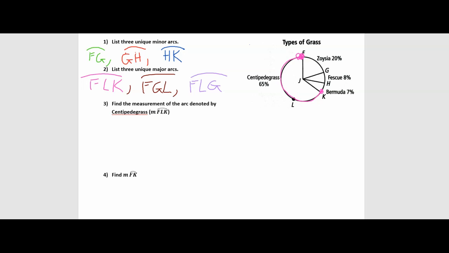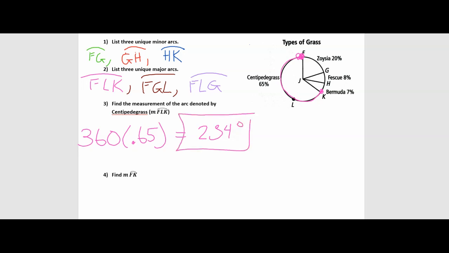So there's 360 degrees total with all the arcs, and that centipede grass one, the pink one, should be 65% of the total, so 65% of 360. So 360 times 0.65 is going to give us 234 degrees.